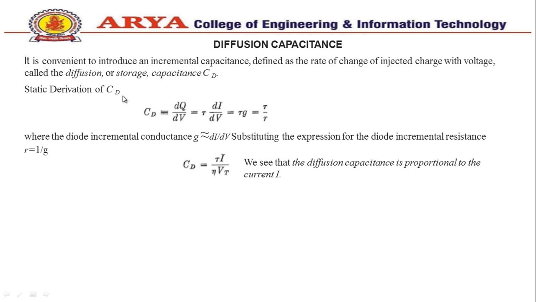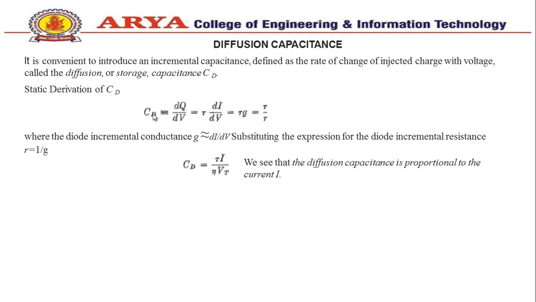If this assumption is not satisfied, this gives the diffusion capacitance CD due to holes only, and a similar expression can be obtained for the diffusion capacitance CD due to electrons. The total diffusion capacitance is then obtained as the sum of CDP and CDN, that is, the diffusion capacitance of holes plus that of electrons.